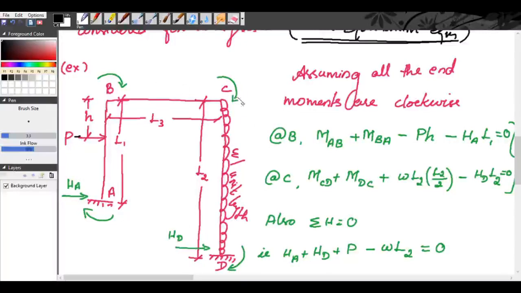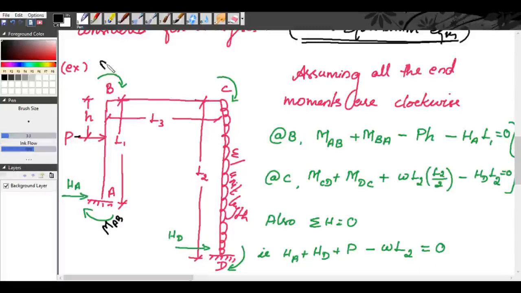Okay, by assuming these moments and these horizontal reactions, we will take joint B and joint C. The horizontal shear equilibrium equations at B and at C. Shear equilibrium equation at B and shear equilibrium equation at C. So, at B, we will consider the left of B. Taking all the moments to the left of B, what we get is this is moment AB, clockwise, MAB.